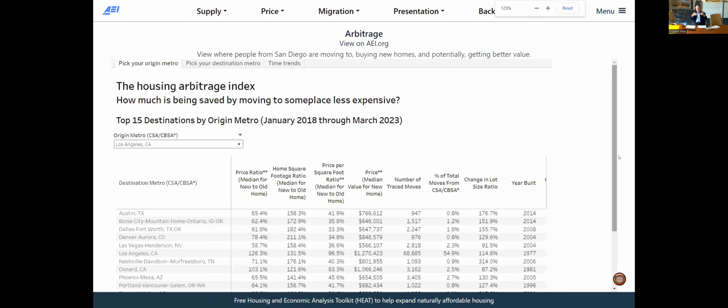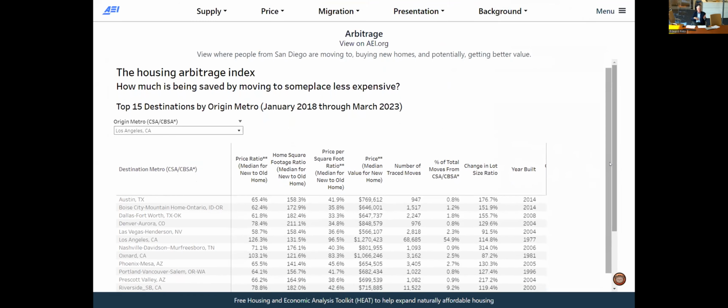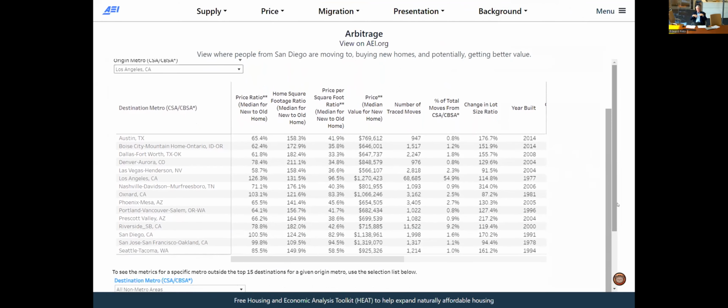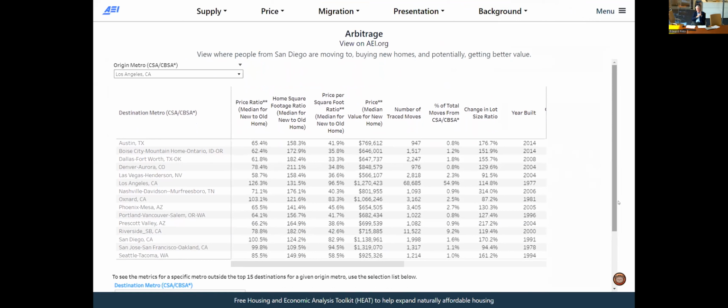And we're tracking what's the square footage of the home they sold, what's the lot size, different metrics about the home they sold. And then we have the same metrics for the home they bought, year built, all of these metrics. And we do this through a combination of analyzing public record data and post office move data.